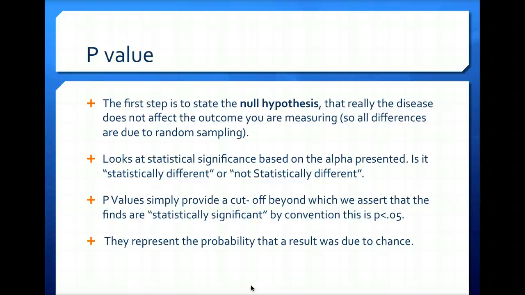P-values simply provide a cutoff beyond which we assert that the findings are, quote-unquote, statistically significant. By convention, that is when p is less than 0.05. P-values represent the probability that a result was due to chance.